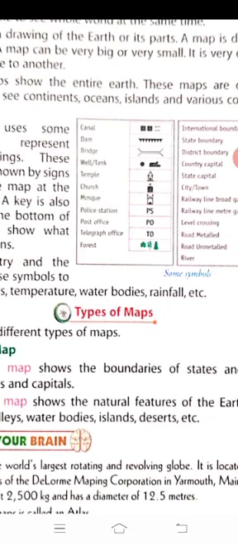A key is provided at the bottom of the page to show what each symbol means. Country and world maps use symbols to represent cities, temperatures, water bodies, rainfall, etc.